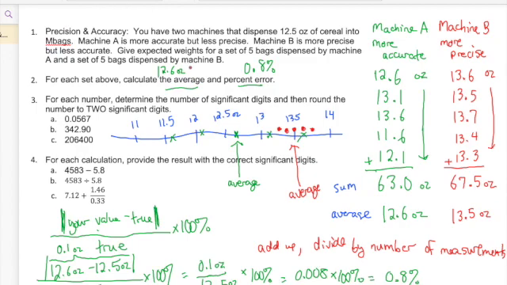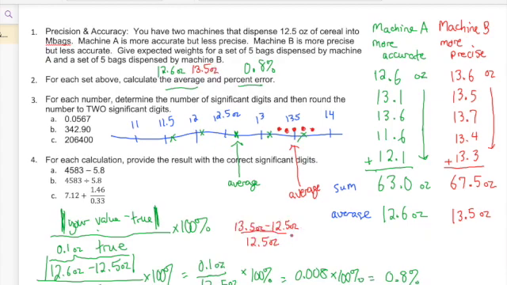Let's take a look at the B. We already know the average was 13.5 ounces. So we have the difference between the two values over the true value times 100%. So that's 1 ounce over 12.5 ounces times 100%. 0.08 times 100%, which actually comes out to be 8%.